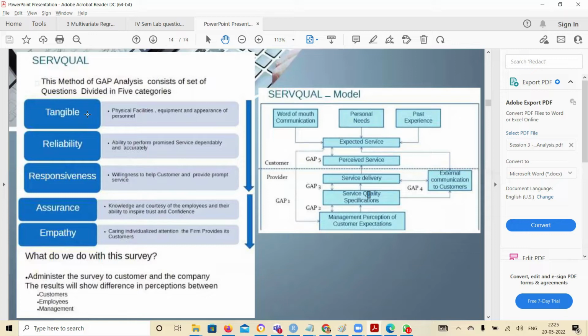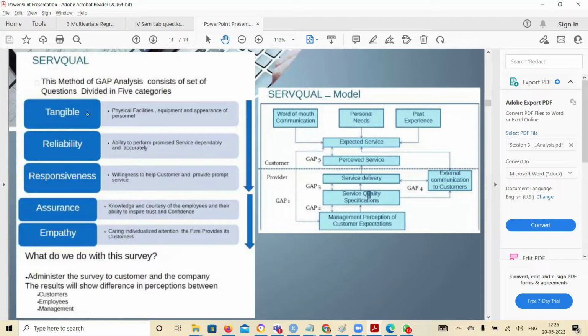Once you have identified these 5 areas, you need to know how well you're performing on each of these. The one on which you're not performing well is the one we need to focus on.